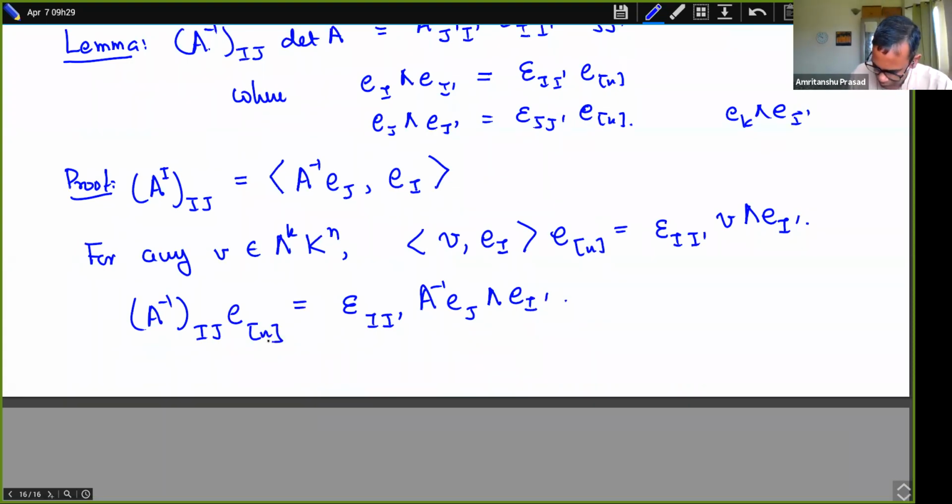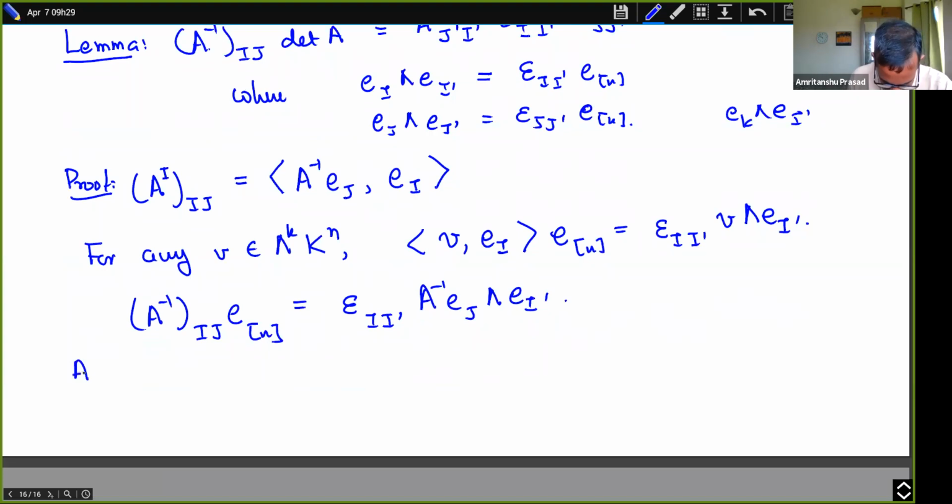Okay, now what you do is apply wedge and A to both sides. Both sides are in the nth exterior power, and so I can apply the nth exterior power of A to both sides.